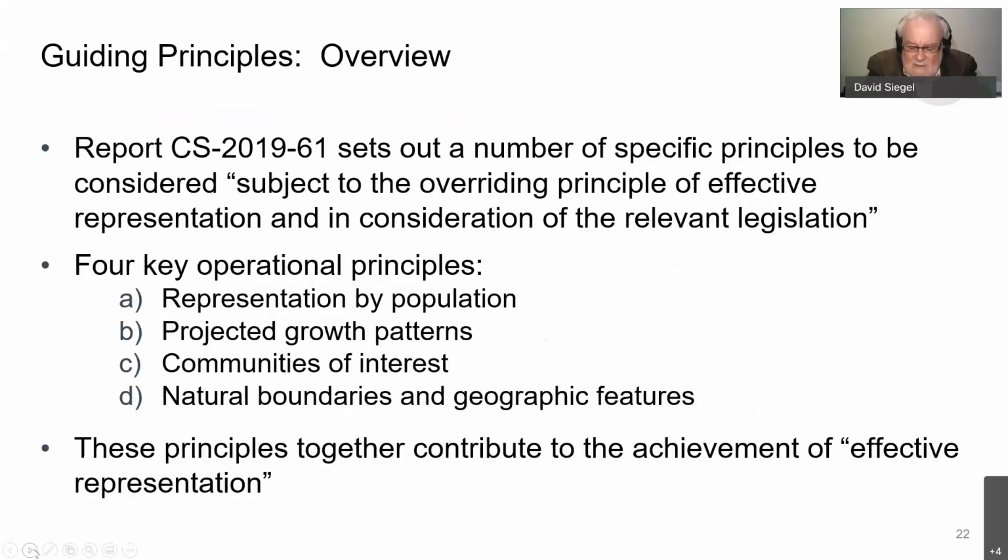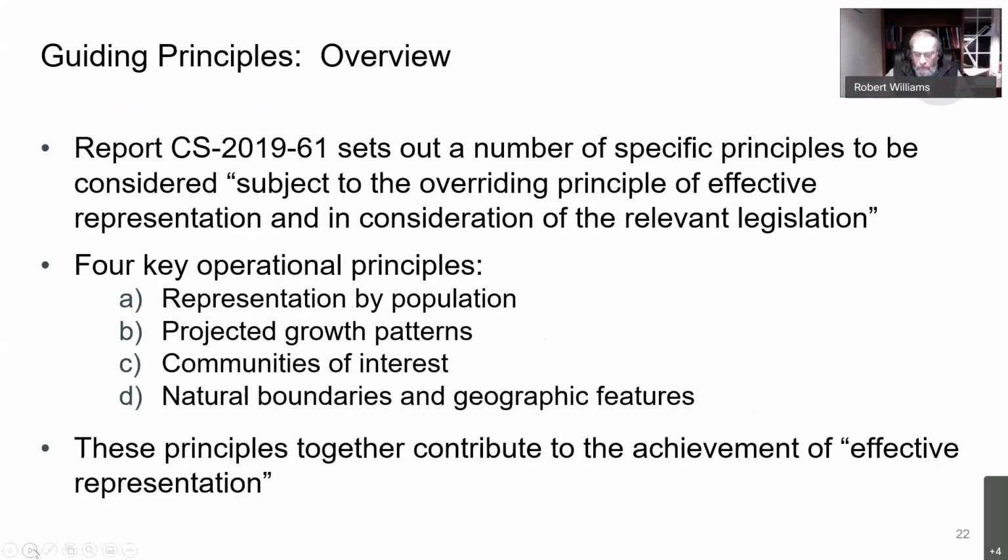Thank you, David. The guiding principles are based on experiences in other parts of Ontario and some general perspectives on what a good electoral system looks like. The particular combination in Guelph came out of a report from the city clerk that initiated this big two-part project.